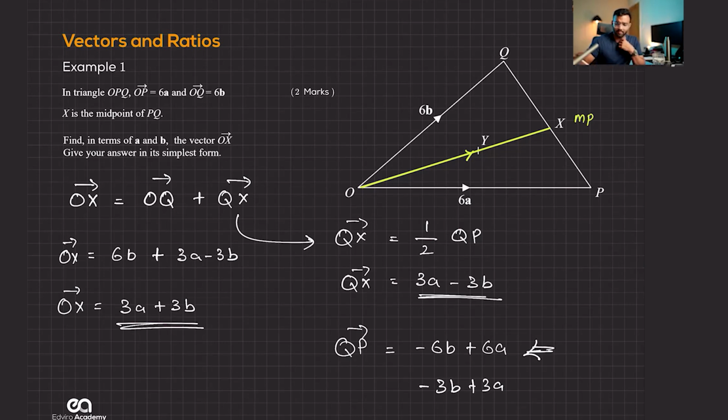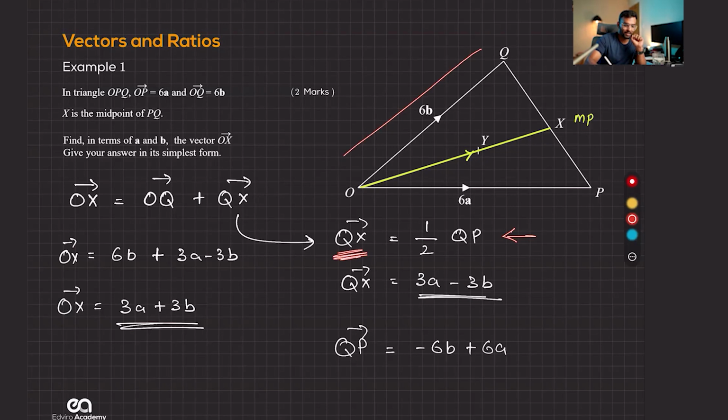Okay, guys. Did you understand? Give me a second, guys. It will take a while to kick in, and once it kicks in, it should be all right. Did you understand how I got this statement here? Yeah, got it? Okay. And did you get how I worked out QP?